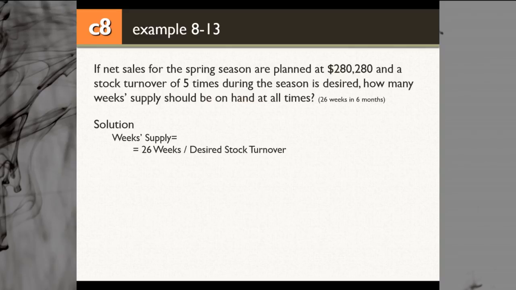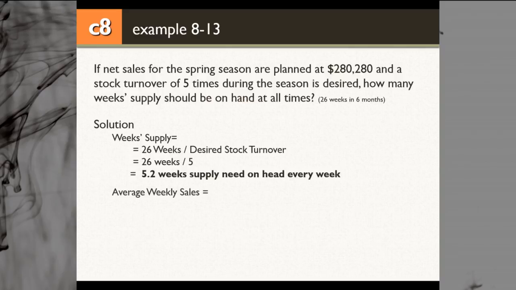So 26 weeks divided by the desired stock turnover, which was 5. You calculate these weeks of supply first, and that will be 5.2 weeks of supply needed on hand every week. So you quickly need to replenish this every 5.2 weeks to get the merchandise to the floor.